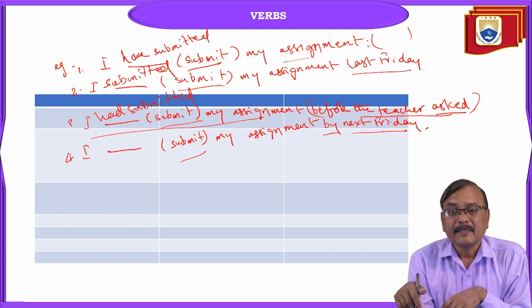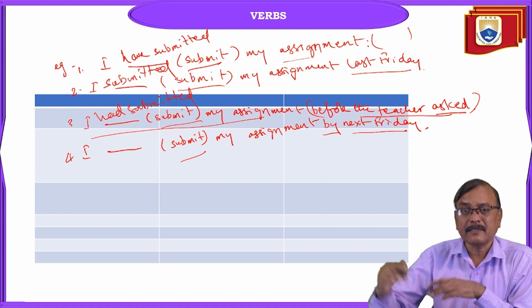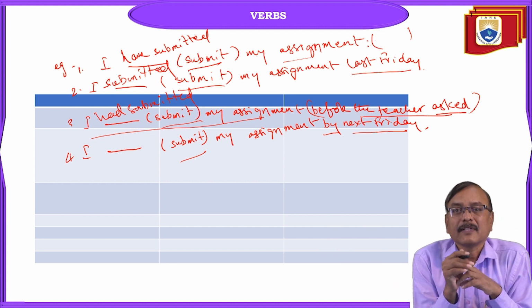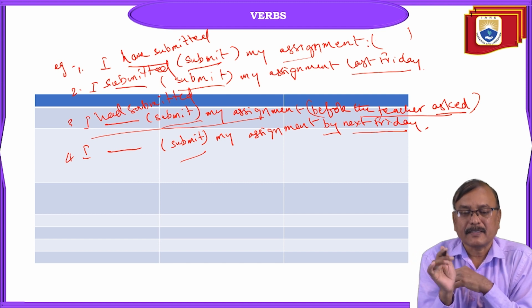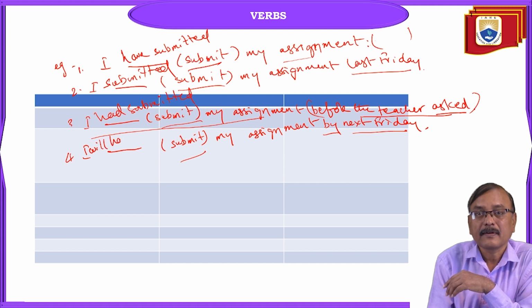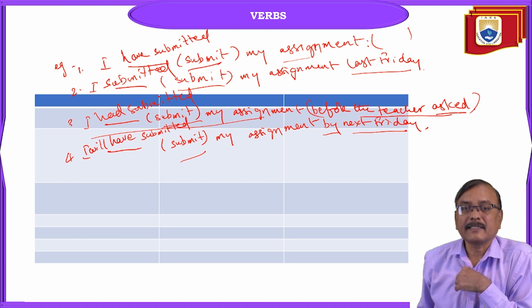But here it is not next Friday, it is by next Friday. Means before next Friday, I should have submitted my assignment. So here it is future perfect. I will have submitted my assignment by next Friday.